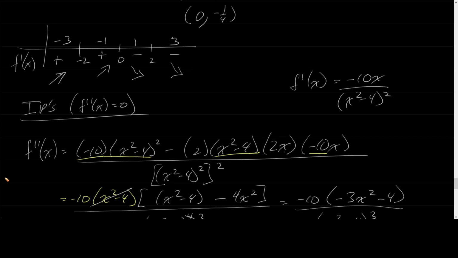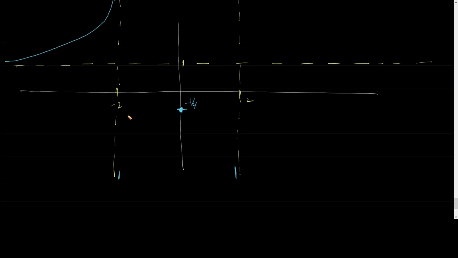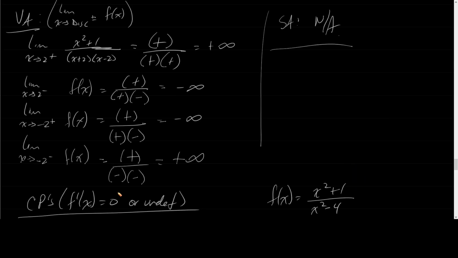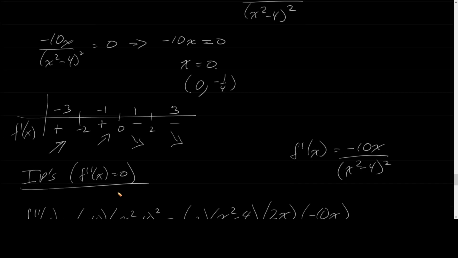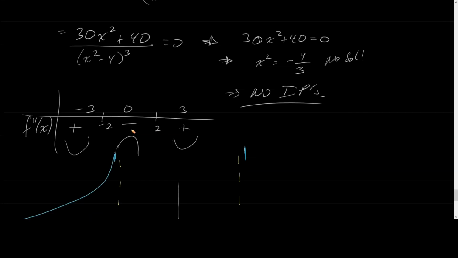From -2 to 0, we're still increasing, but now we're concave downwards. Still increasing concave downwards, and we know that we have to reach this negative infinity. So there we go. From 0 to 2, we have decreasing with a negative concavity, right?